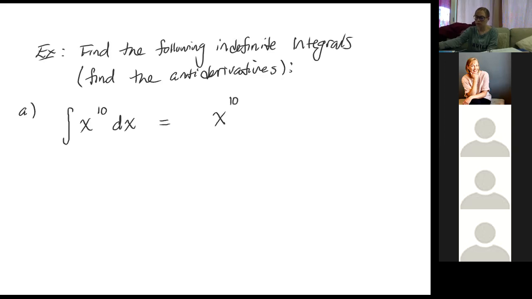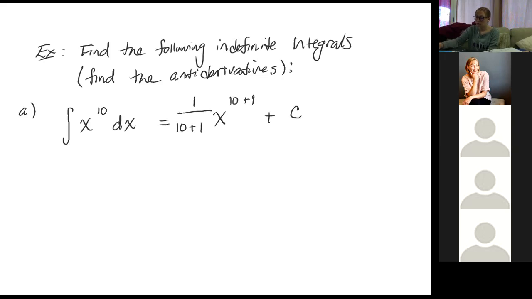So it's x to the power of 10 plus 1. And then unlike differentiation, I have to multiply this by the constant 1 over 10 plus 1. Differentiation does include multiplication by a constant, but in this case, we're multiplying by the reciprocal of the power. I have to add my constant of integration, c, to that.